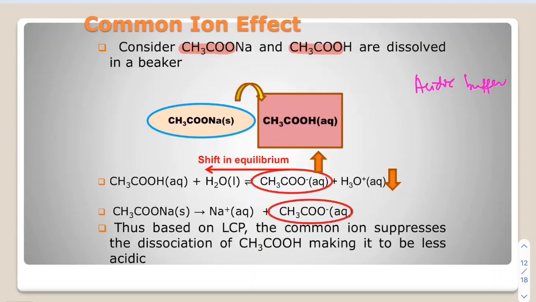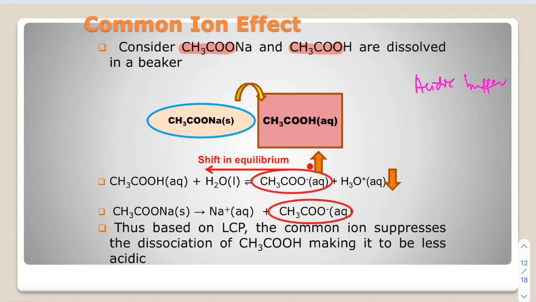According to Le Chatelier's principle, the common ion suppresses the dissociation of the acetic acid, making it less acidic. When we add sodium acetate to acetic acid, we are adding more acetate ion into the system, so the acetate concentration increases.